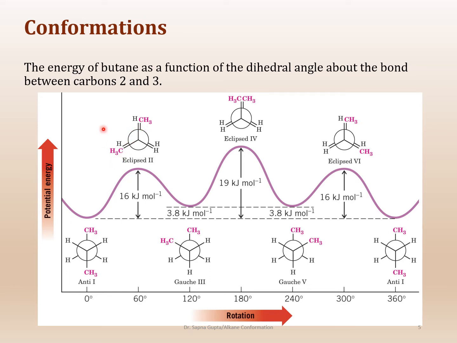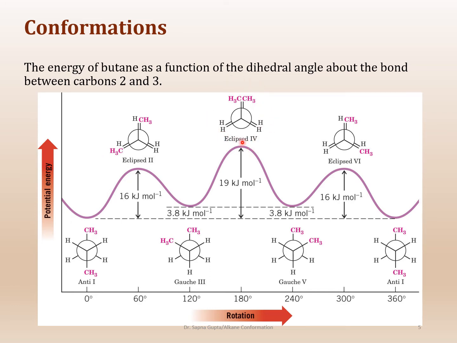Then you rotate it once more, and if you do one more rotation, then the energy comes down again because here it's relieved. Now the CH3 is not in front of the hydrogen, so there is no more of that angle strain there, or any kind of steric strain. Then you rotate it once more, to the right, another 60 degrees, and look at that. The energy jumped up a lot.